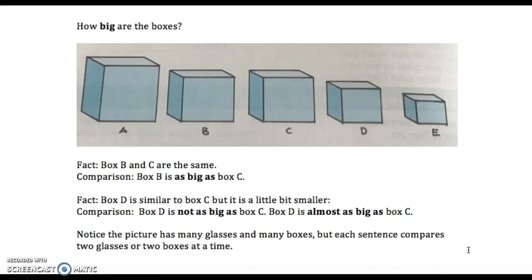Now let's take a look at some boxes. The question says, how big are the boxes? So box B and C are the same, right? So we would say box B is as big as box C, the same.